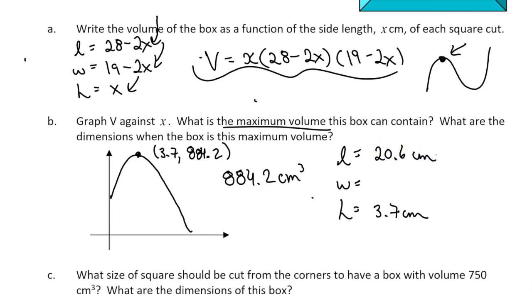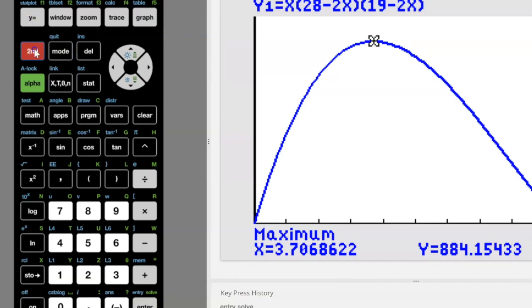And then for our width, we would get something that is 9 less than that, so I think that would be 11.6 centimeters. You could test this, and if you did 20.6 times 11.6 times 3.7, let's just confirm what we get.